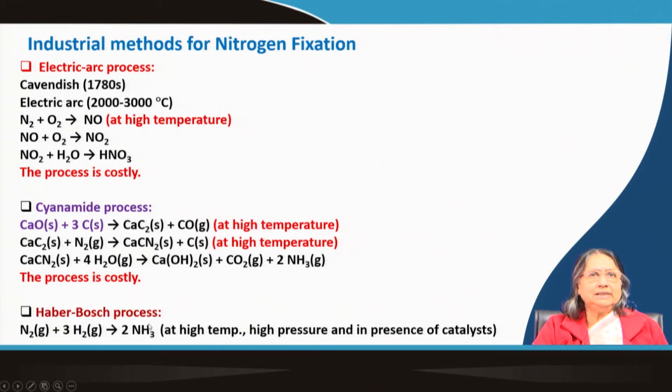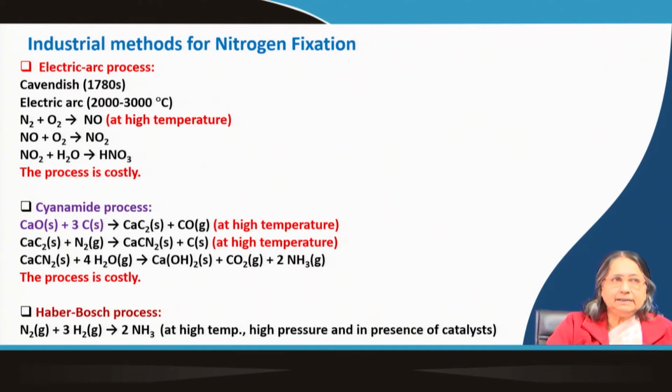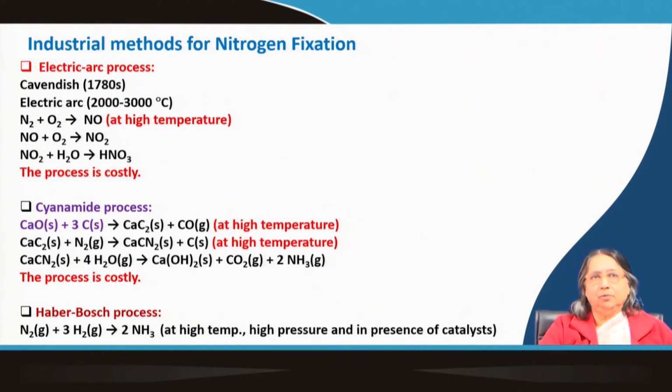Next, the Haber-Bosch process, which I have explained already. You have seen that it is done at very high pressure, 200 atmospheres, and 550 degrees centigrade, in the presence of a catalyst, finely divided iron, and sometimes molybdenum is used as a promoter.